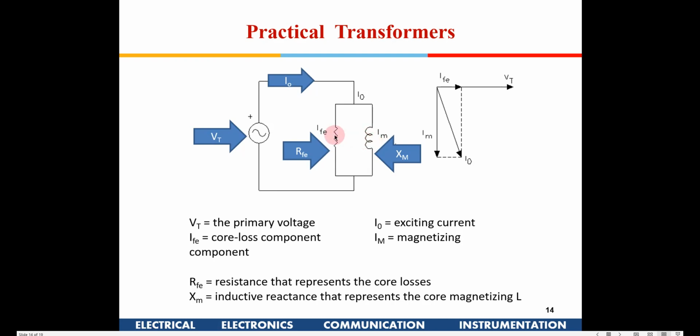We know the cause of these two: this is known as the core loss component, a resistance that represents the core loss, and this is an inductive reactance which represents the losses due to core magnetization. So in any practical transformer, these two components will be there, and they represent the losses which happen in the transformer.